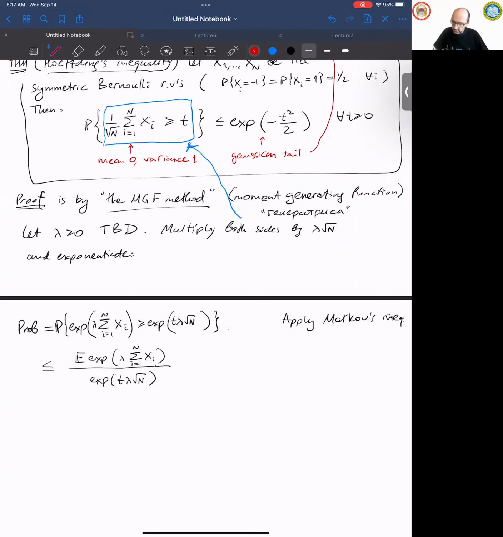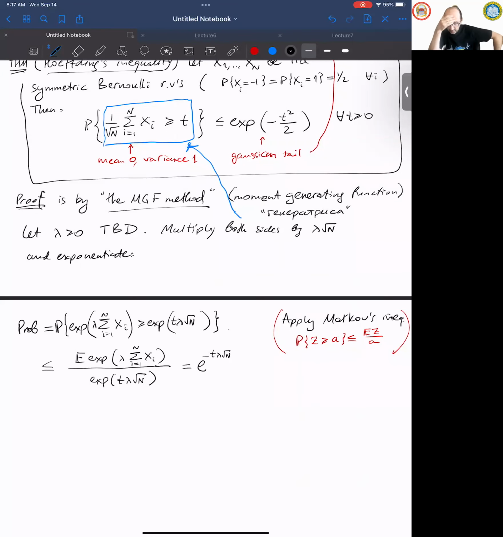Okay, shall I recall Markov? Z is greater than something is less than expected value of Z over that something. So we applied that. Okay, so the denominator is just a fixed value, e to the minus t lambda root n.